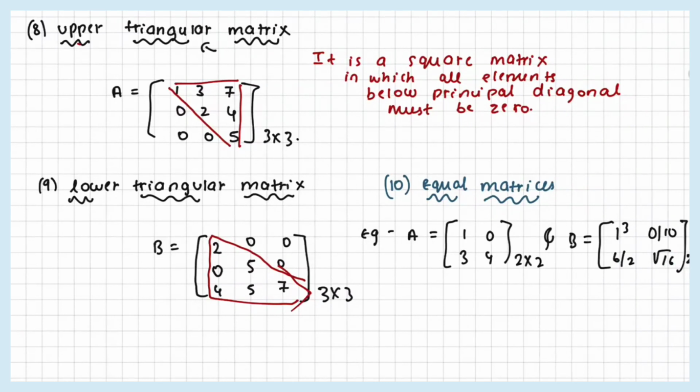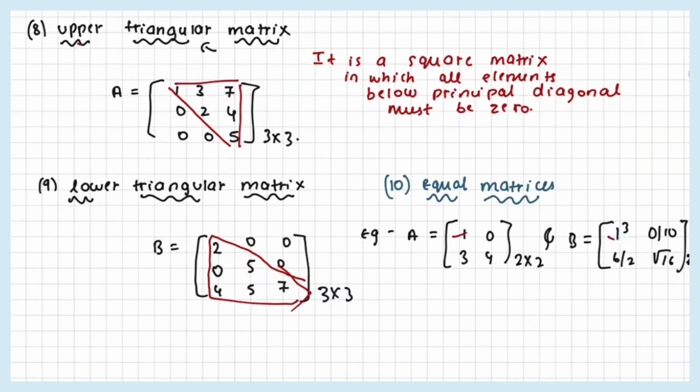So 2 into 2. Equal matrices means you have to compare A and B. First let's see the A element. 1 and 1 cube, are they the same? Yes, 1 cube is nothing but 1 into 1 into 1, that is 1 only.